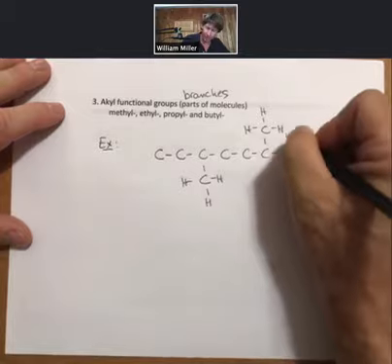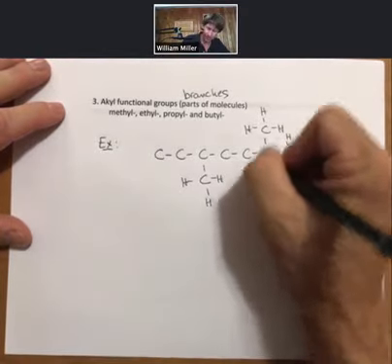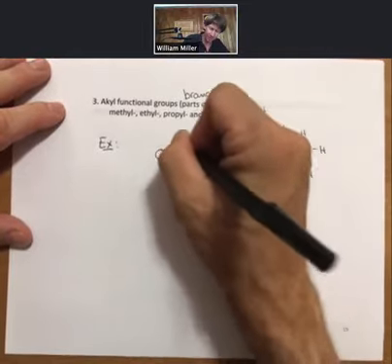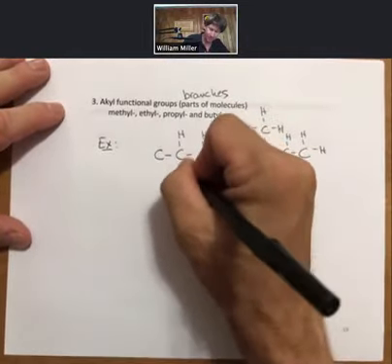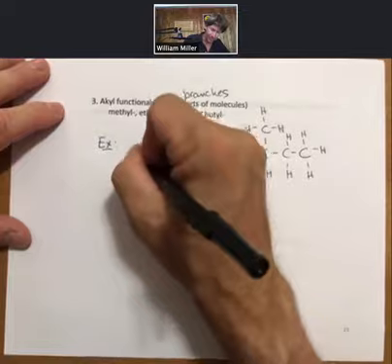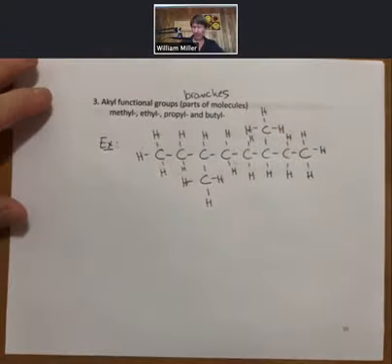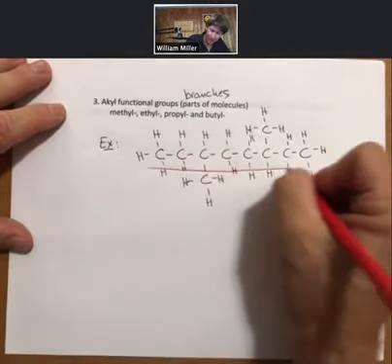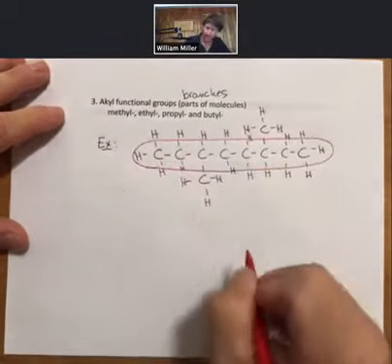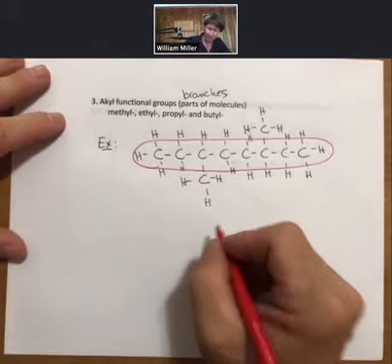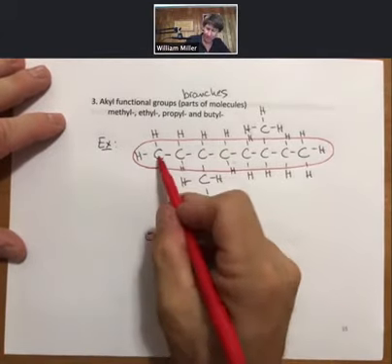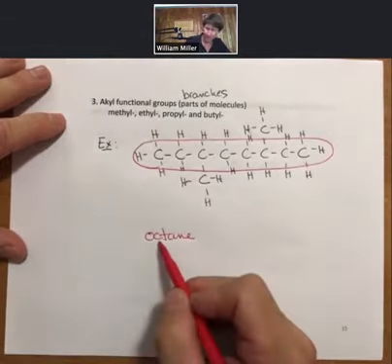And then we'll fill in all of our hydrogens until each carbon has 4 bonds. And what I've added here, so here is our longest part of our molecule. This would be what's called an octane, because it has 8 carbons in a row. That's octa.